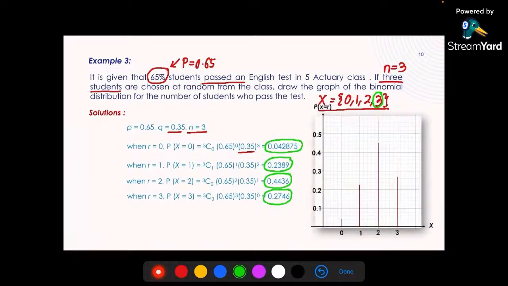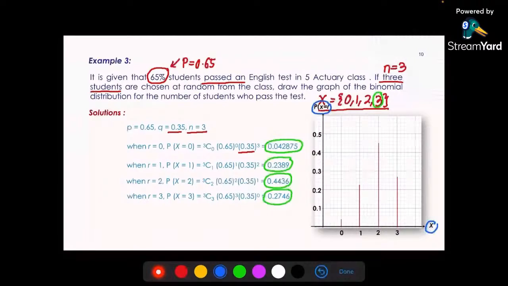Okay, kat sini the vertical axis ni dia represent the Px equals to R ni, probability, the value of probability. While X, the horizontal tu, they represent the discrete random variables tu. 0, 1, 2, 3, 0, 1, 2, 3 macam atas tu lah.